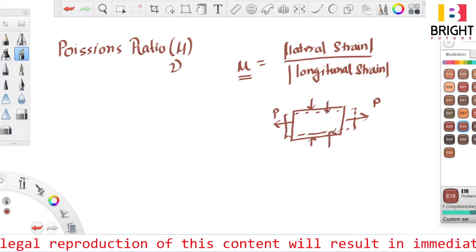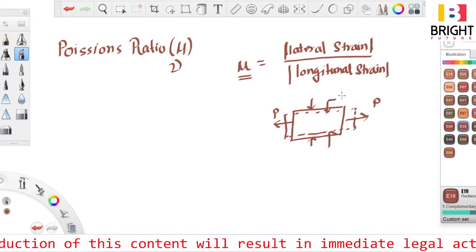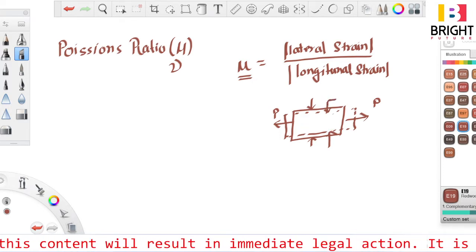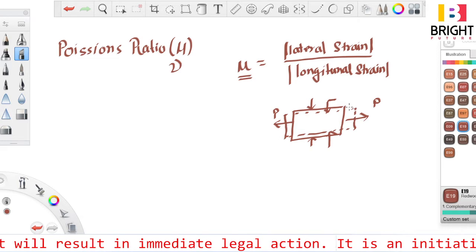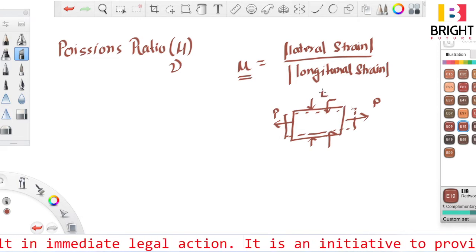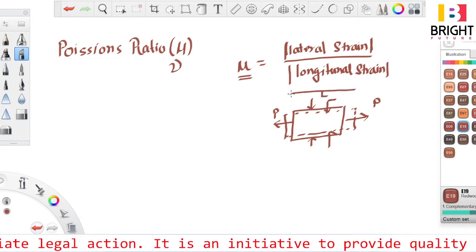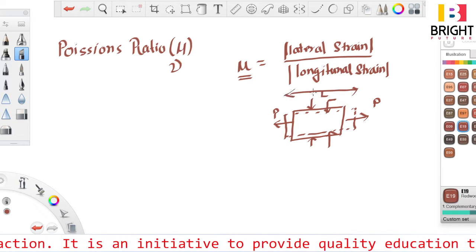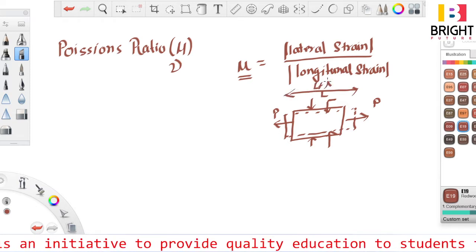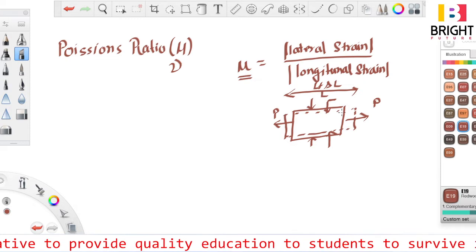So this particular strain in lateral direction is known as the lateral strain, right? Now if I know that this original length was L, and after application of force this dimension will become L plus del L, so I can find out the strain in x direction.